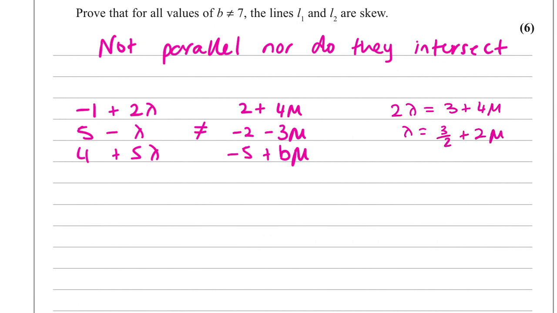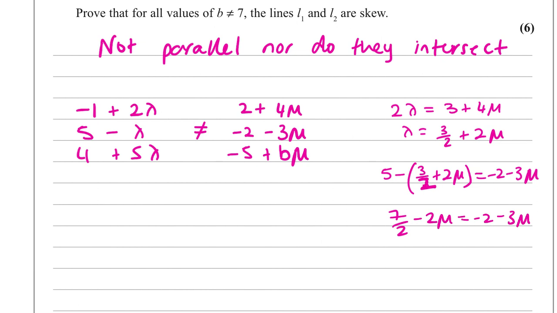I'm now going to substitute this into the second equation. 5 minus lambda, which is 3 over 2 plus 2 mu, equals -2 minus 3 mu. That's 3 over 2 by the way, 5, 10, 7 over 2, quickly. So this -2 mu equals -2 minus 3 mu.